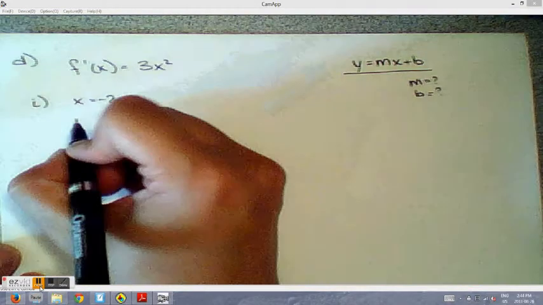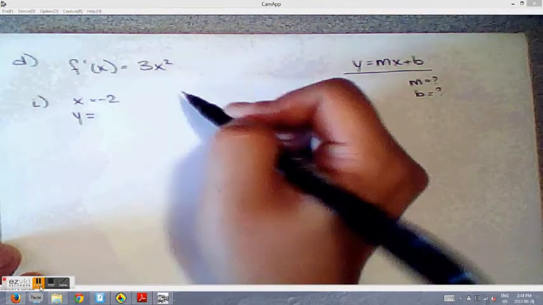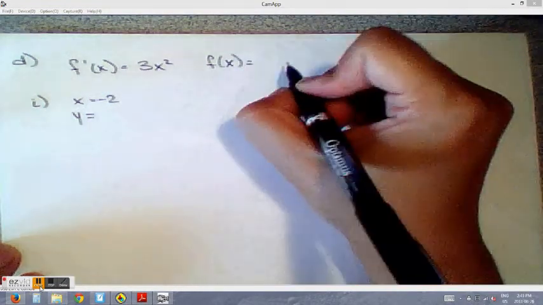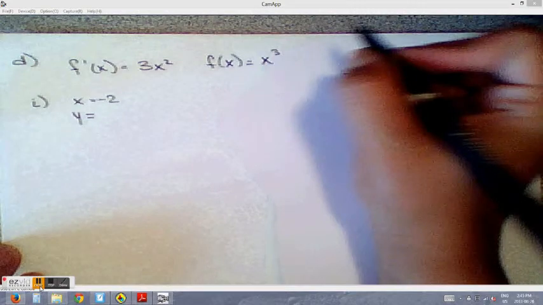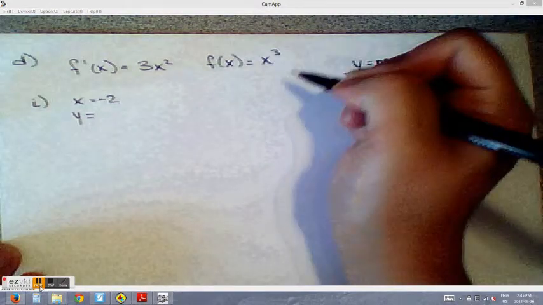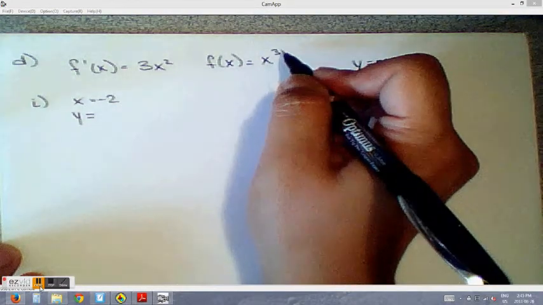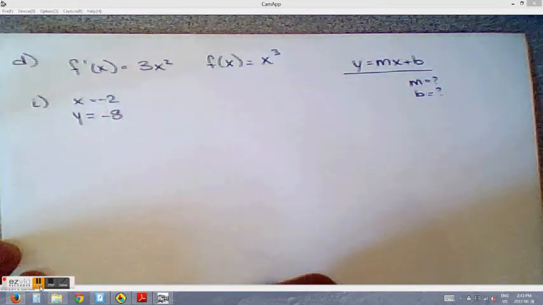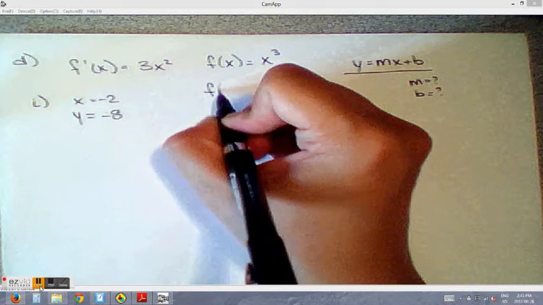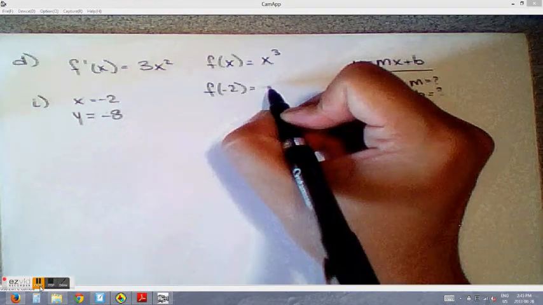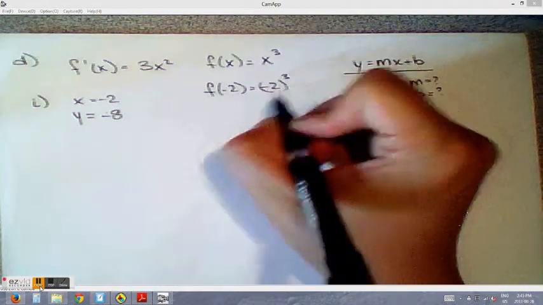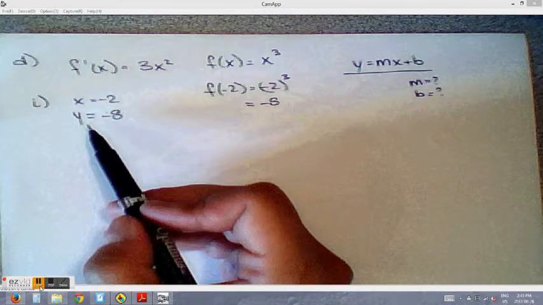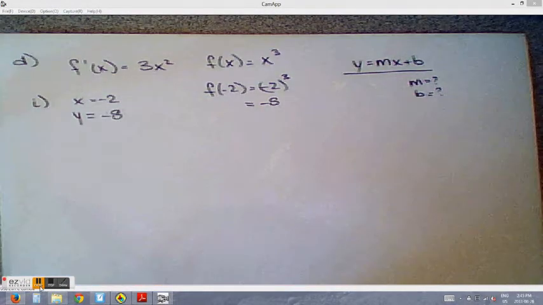Now, how can we find our y? Well, our y is x cubed. So y, when x is -2, is -8. Did you see how I did that? -2 cubed is -8. So I have x and y for when x is equal to -2.